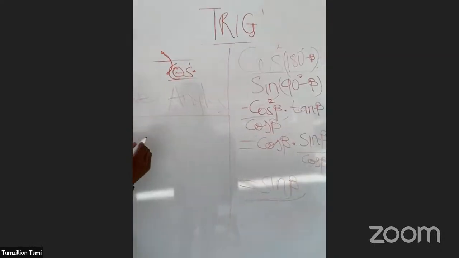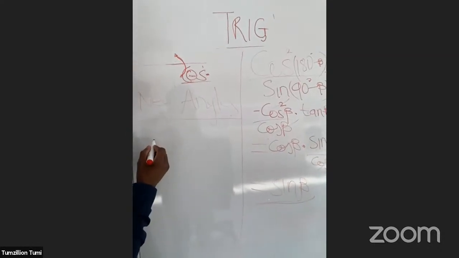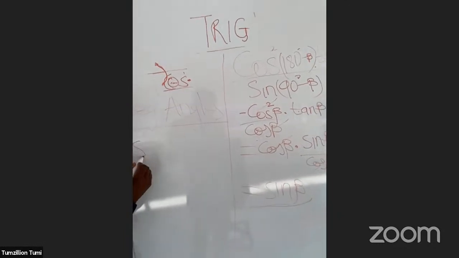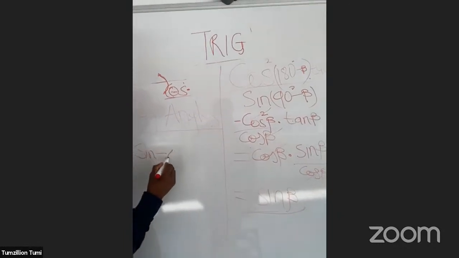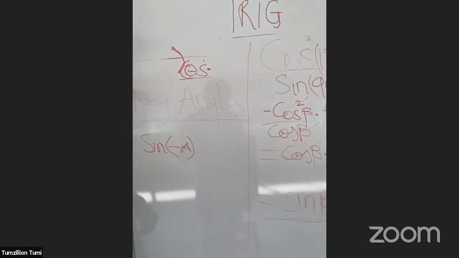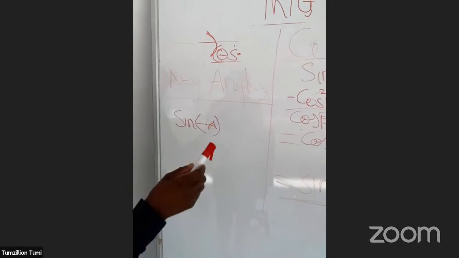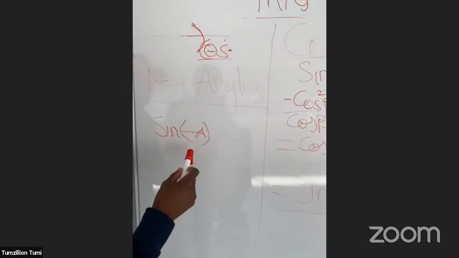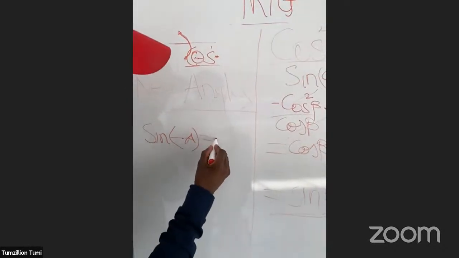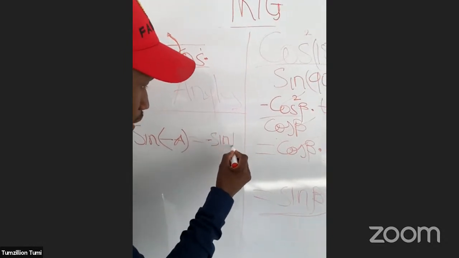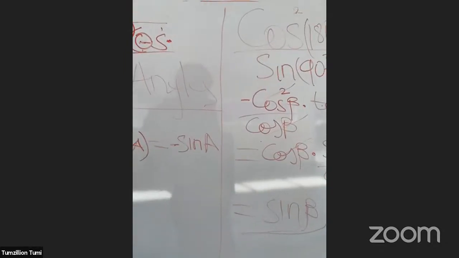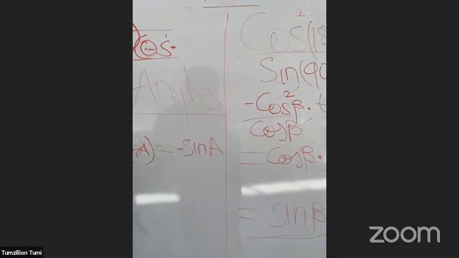So we want to know what is happening in the fourth quadrant. When we have something like sine of negative A, this is a negative angle. It is telling you that the sine is in the fourth quadrant. But you know that in the fourth quadrant, only cos is positive. So this would have to become negative sine of A. Why? Because sine is negative in the fourth quadrant.